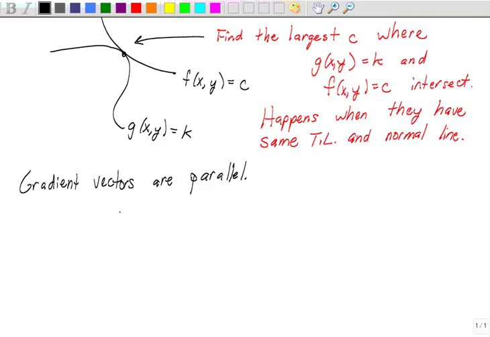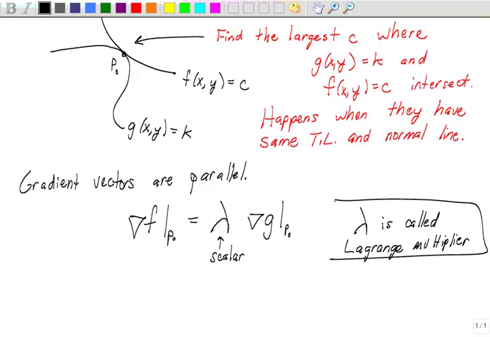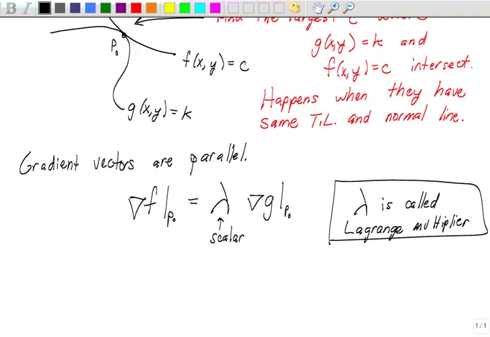And so since they're parallel, the gradient of f at this point, let me call this P0, is equal to some scalar, because that just decides the length, times the gradient of g at that point. And that scalar, lambda, is called the Lagrange multiplier. Okay, and you can look in your text to see how it's proved.